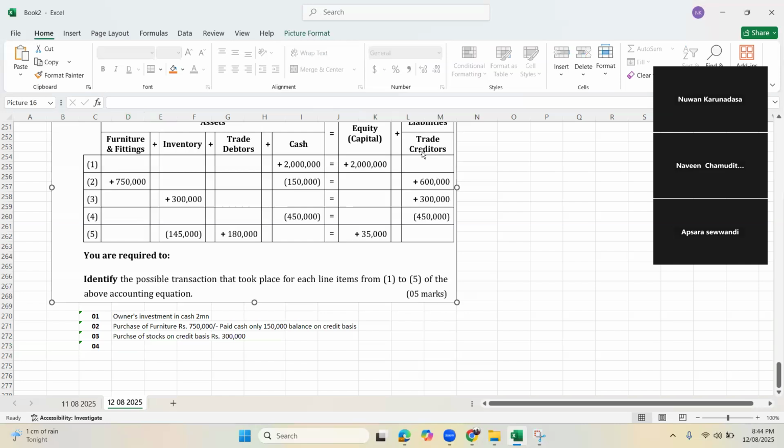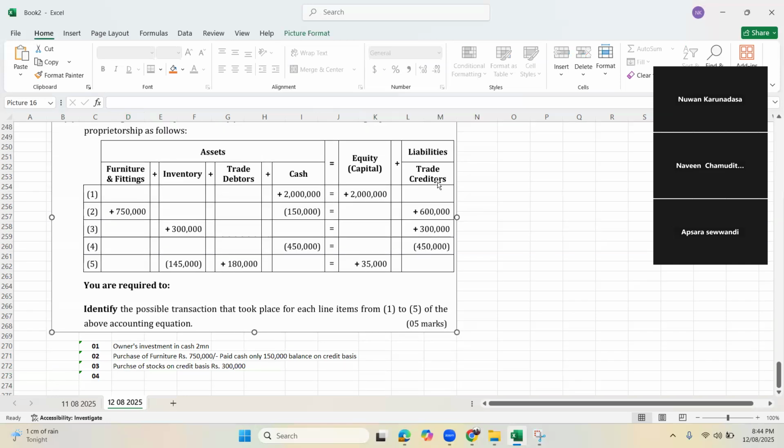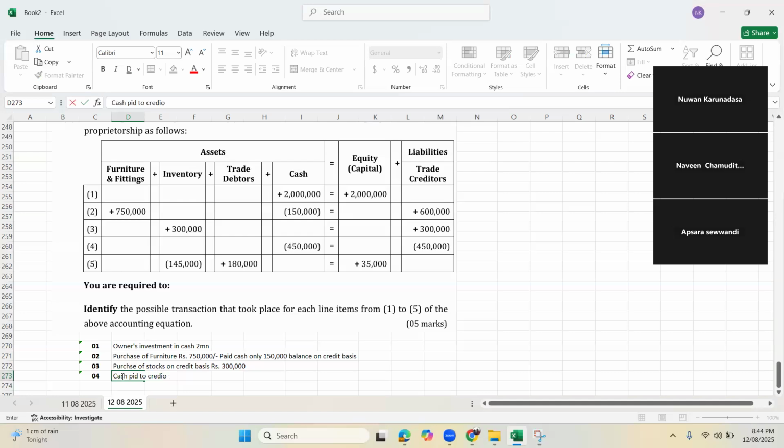See here, at the top they say liability, under that they say trade creditor. Then you must pay to whom? Creditor. Cash paid to creditors is 450,000.